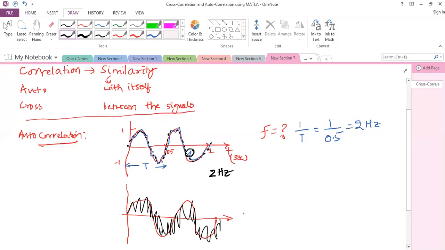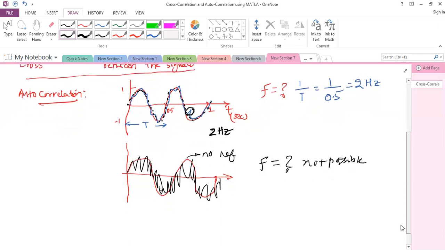So if the signal was something like this, and if you did not have a reference of this red curve, then is it easy to identify the frequency? It is not possible.